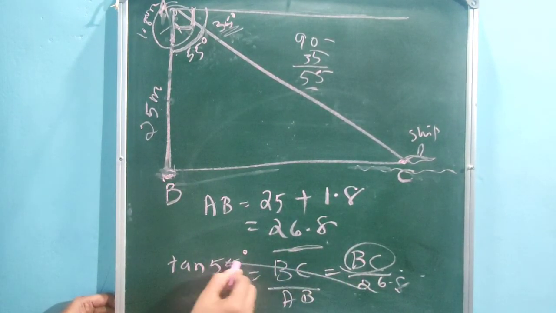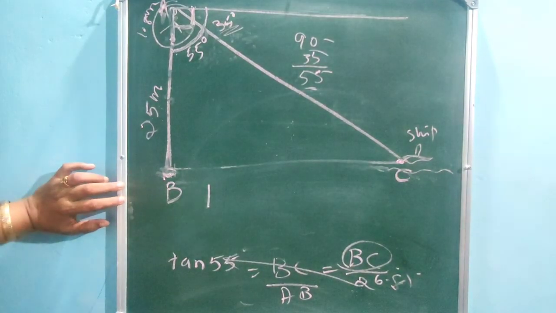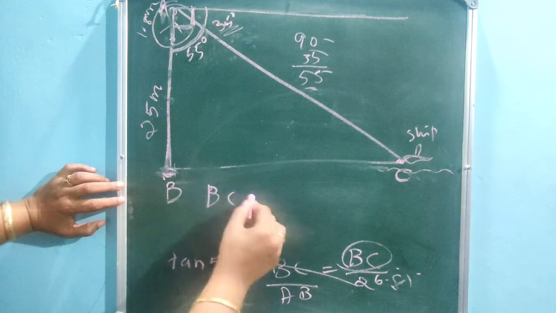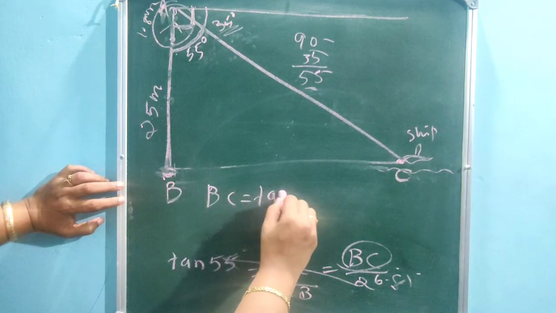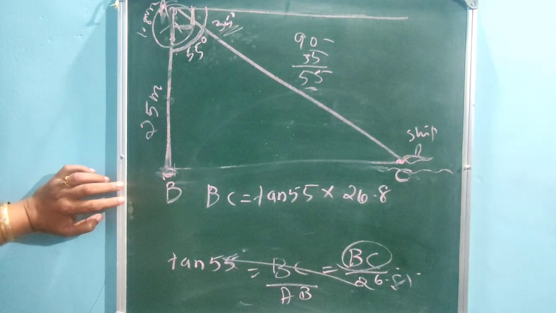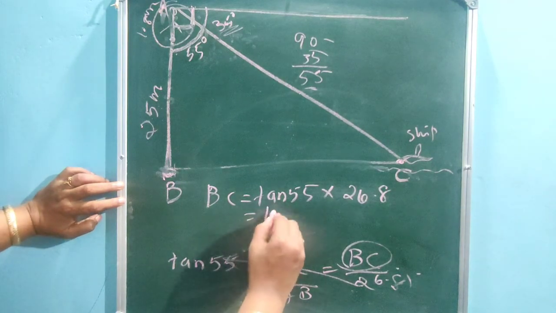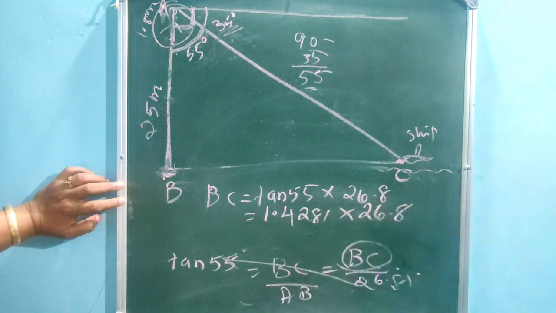Then how do we find this BC? Just cross multiply this tan 55 and 26.8. That is, this BC is equal to tan 55 into 26.8. And the value of tan 55 degree is 1.4281. 1.4281 into 26.8.